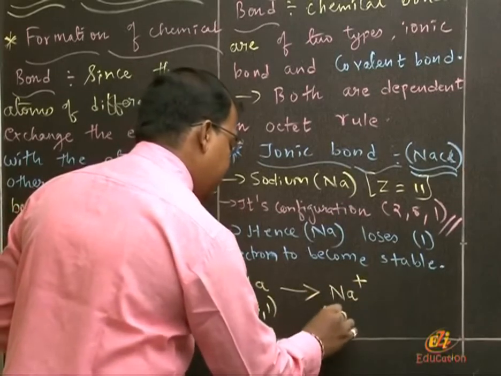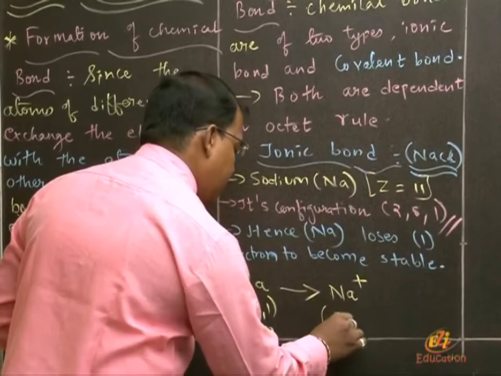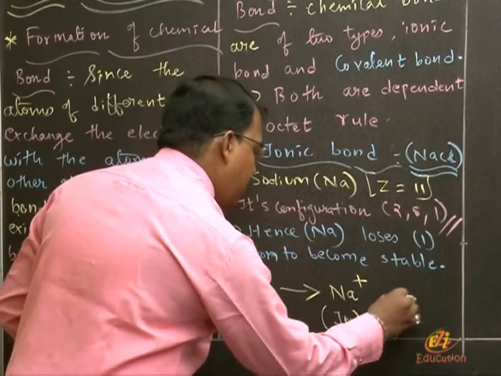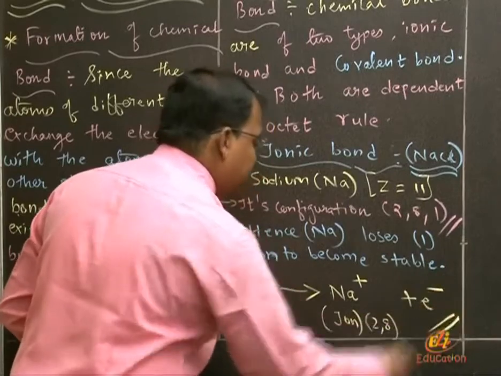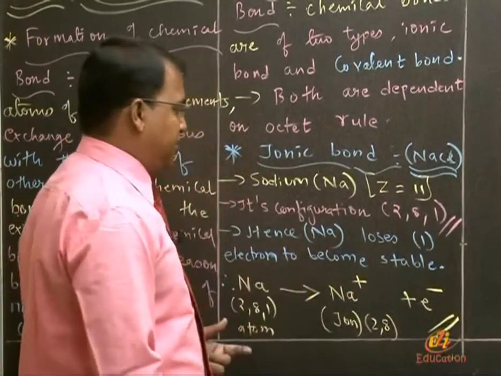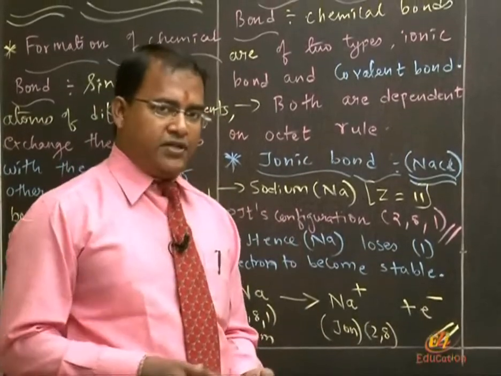Na plus ion, which is 2,8, and 1 electron is released. I repeat the whole procedure. It's a gradual process which you need to understand.